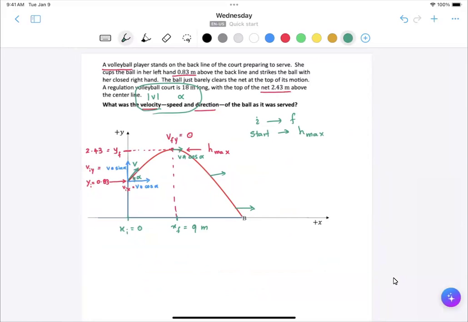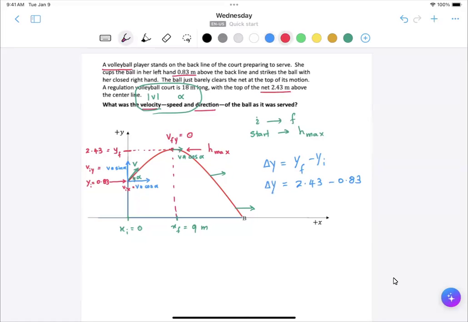Okay. And to start off, how to set up the equations, how to pick the equations. We do have delta y, that is equal to y final minus y initial. I do have some numbers, 2.43 minus 0.83. That is my delta y.